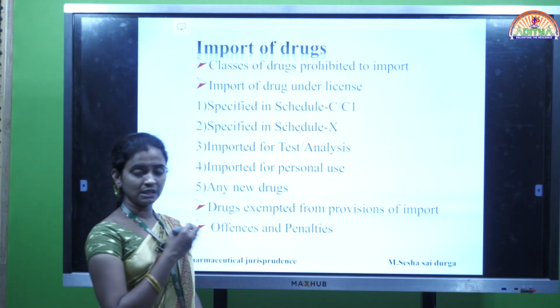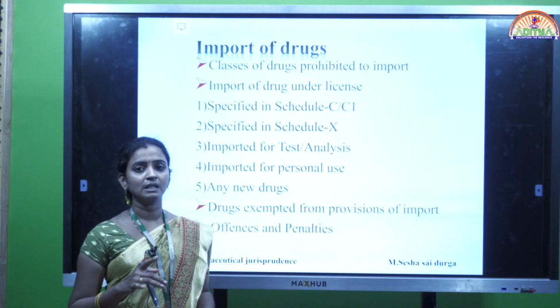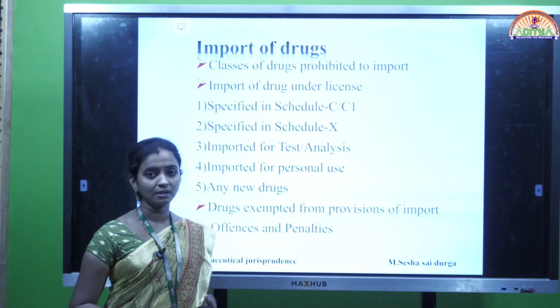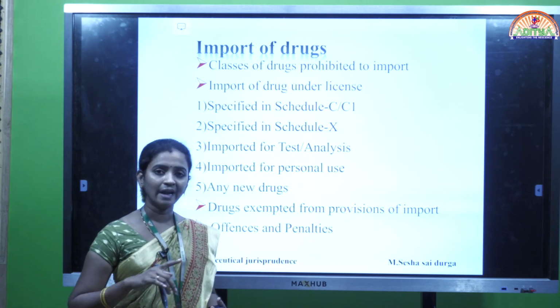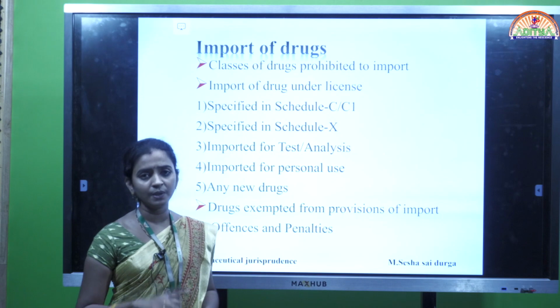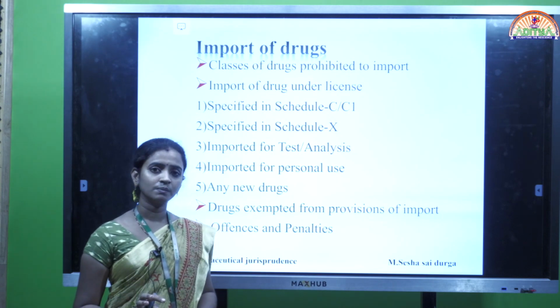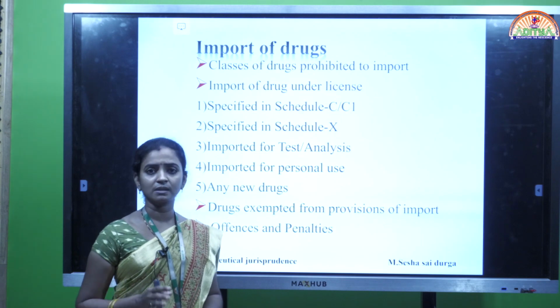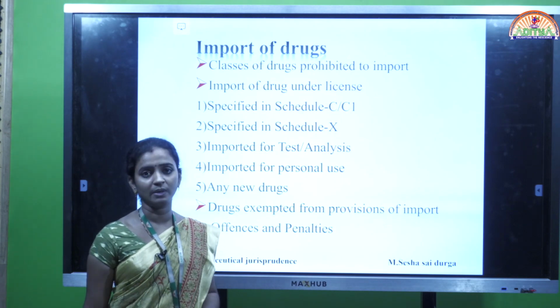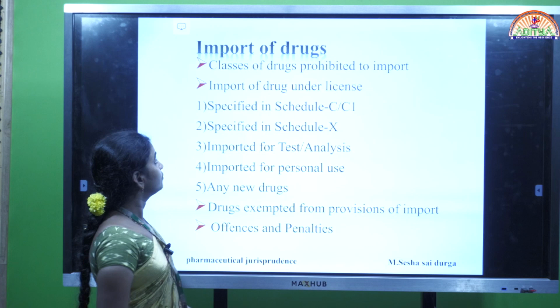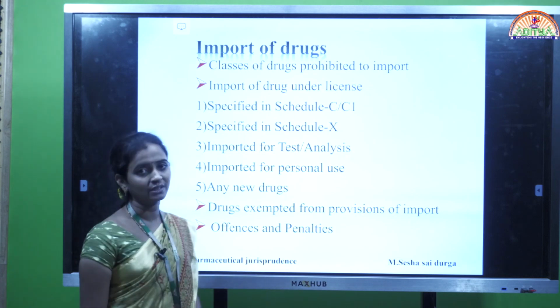So these are some important definitions: drug, cosmetic, then misbranded drug, adulterated drug, spurious drug, and then manufacturing. We continuously use these terms until the completion of our syllabus. Next, we are going for import of drugs.